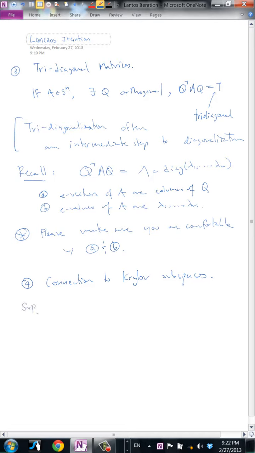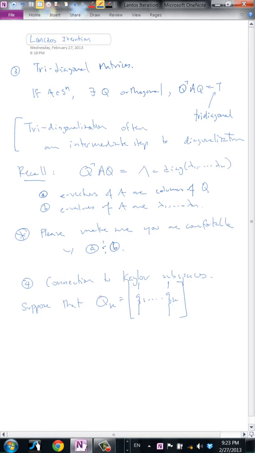Let's suppose that Q_k, by which I'll denote [q1 to qk], is the matrix whose columns are q1 through qk. Maybe it helps if I write it like this, to make it clear that this is a matrix and these are columns.